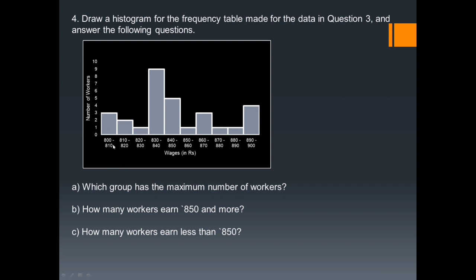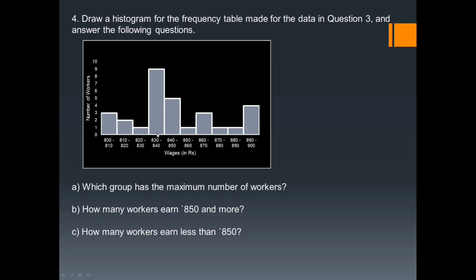So between 800 to 810 there are three workers, according to question number 3 that we just did. Then 810 to 820 only 2 are there. Then between 820 to 830 only 1 is there.